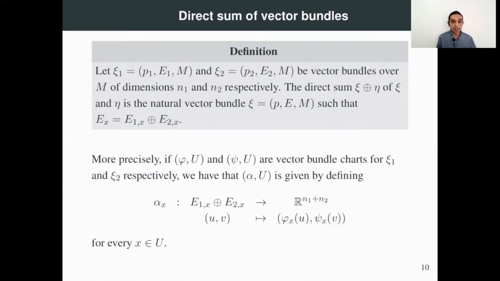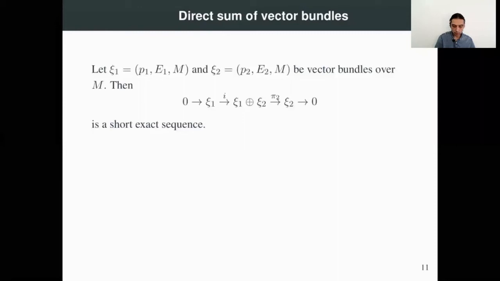And since, for instance, in the case in which our vector bundle is C^r, these maps over here are C^r, and indeed this defines in a natural way a vector bundle chart, and we can actually show that when our vector bundle is C^r, the coordinate changes associated to these vector bundle charts are also C^r.